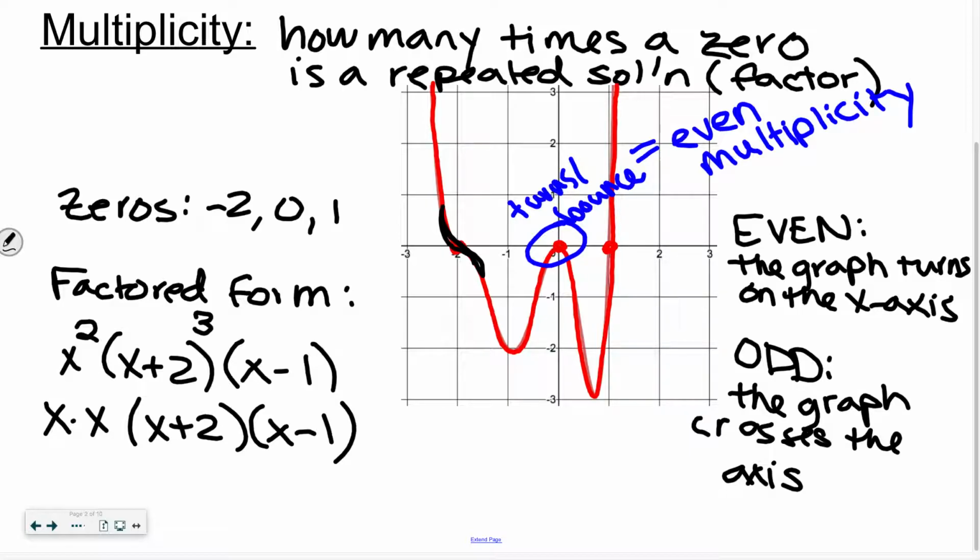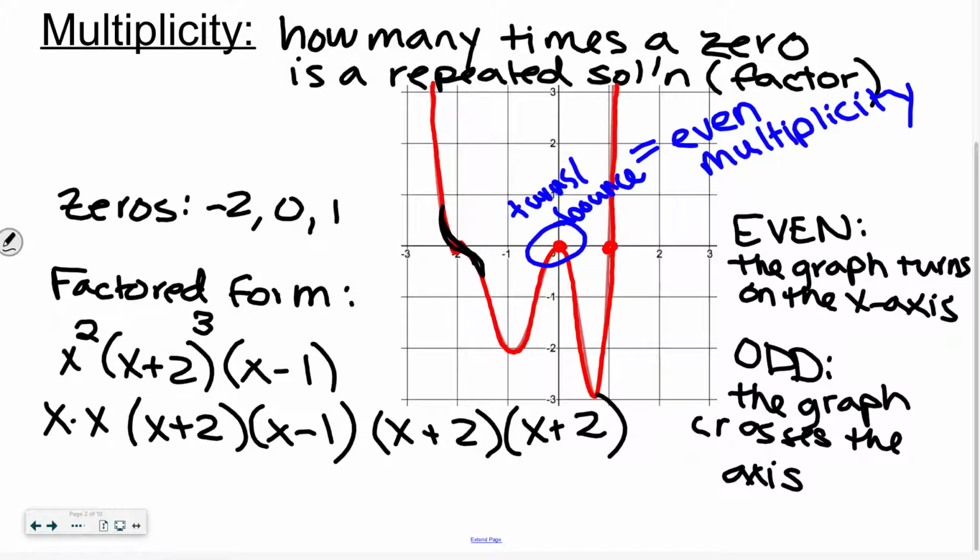Okay, so I could have x plus 2 cubed. If -2 appeared 3 times as a 0, it would still cross the axis, but it would probably do something strange like what Logan is seeing. And that would mean in factored form that I would add 2 more x plus 2's, right?